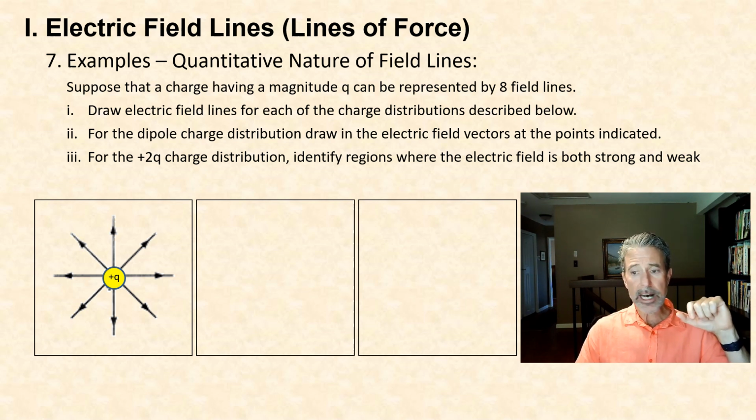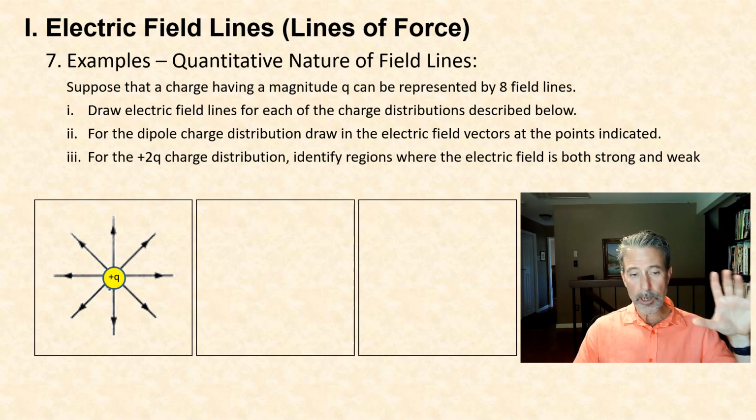You'll notice that these field lines are symmetrically distributed in space, suggesting that for a given radius, the field line density would be constant, right? The number of field lines per unit area would be constant for this spherically symmetric charge distribution. And you notice here that as you go radially outward, the field line density decreases, suggesting that the field gets weaker.